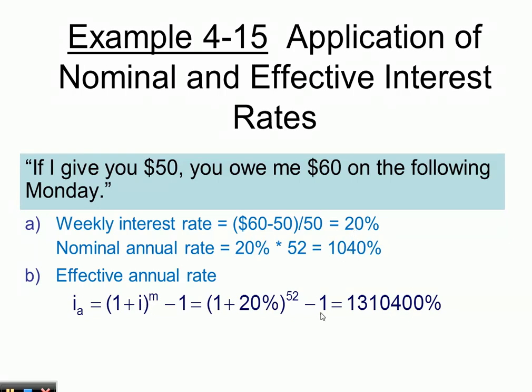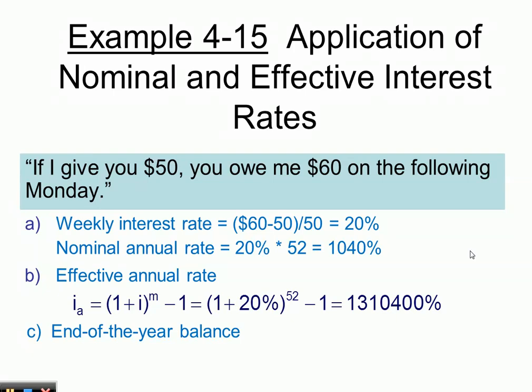The 20% is our effective weekly rate, and from there we can find the effective annual rate. Estimating this, it's going to be a whopping 310,400%. And so that's quite a huge percent.